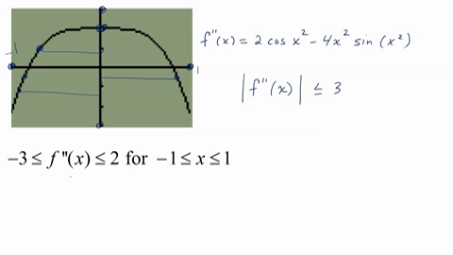So as we say here, all second derivative function values are between -3 and +2 for x values between -1 and 1. So that implies that the function values are all within 3 spaces away from 0 on the y-axis. So that is saying that the absolute value of f double prime of x is less than or equal to 3.